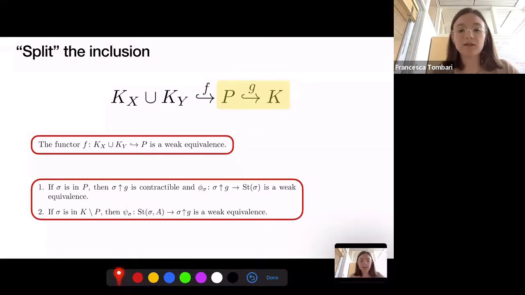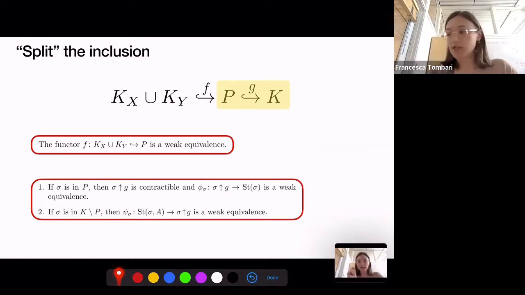Yes, P depends on the choice of X and Y, confirmed. But because the data-driven decomposition itself depends on the choice of the covering, it's all decomposition dependent, what I'm going to say, even the obstruction complex, everything. Thanks for the questions. Those are very important points.